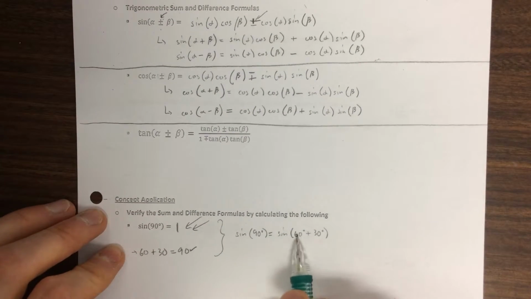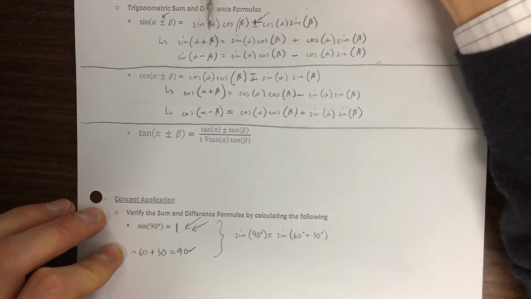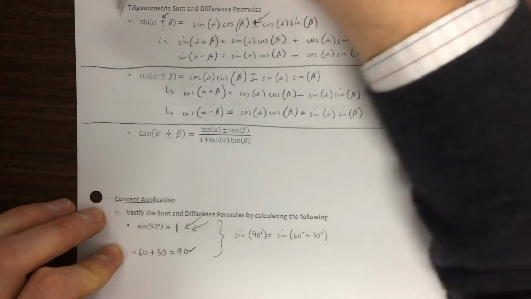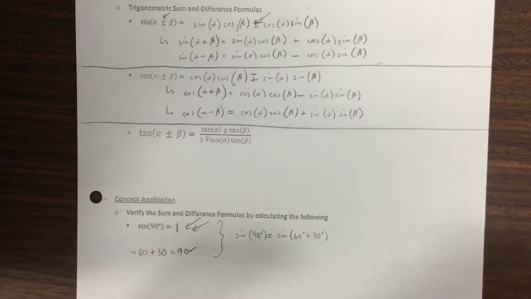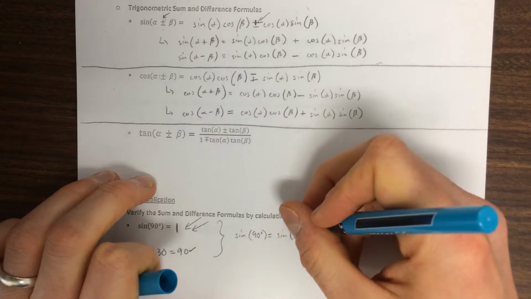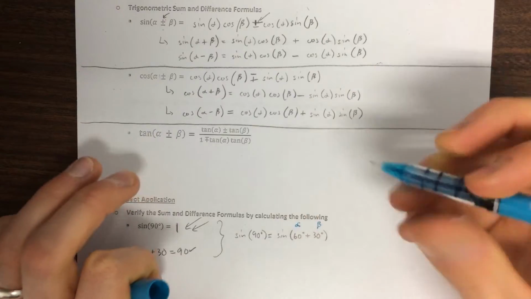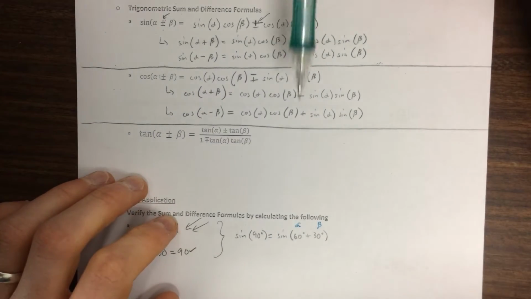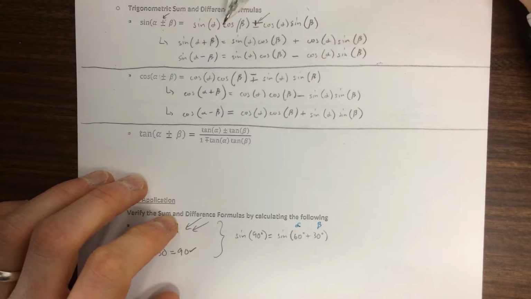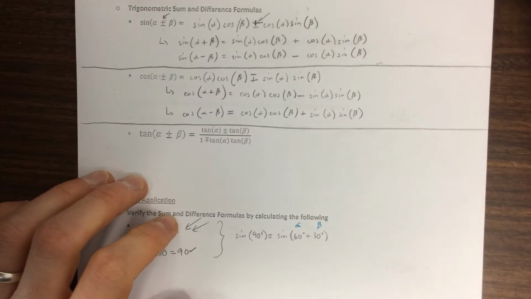Well, now that we have addition inside of our sine function, we can use this formula here. So if it helps you to write it out, I'm going to use a different color. Think of 60 as your alpha and 30 as your beta. And since it's addition, we'll actually use this first one here for sine.